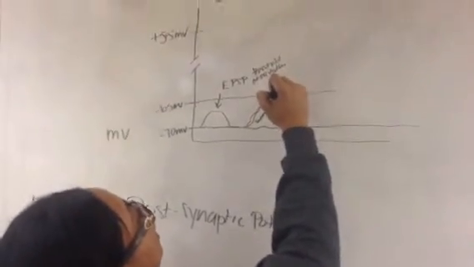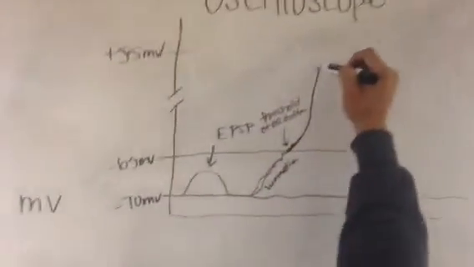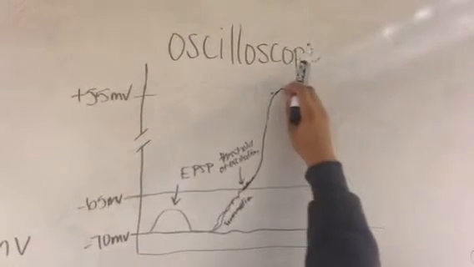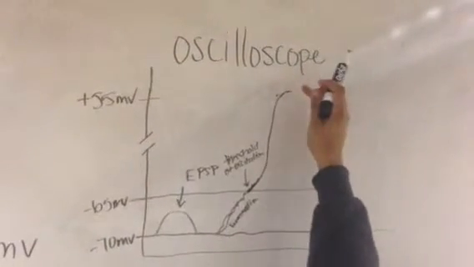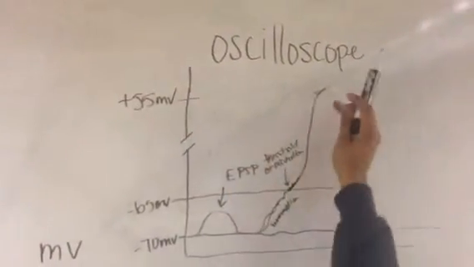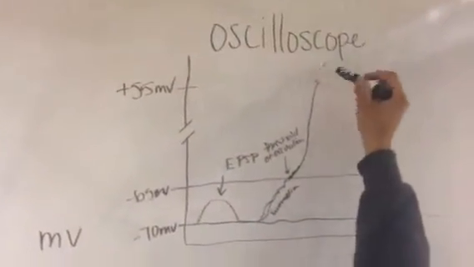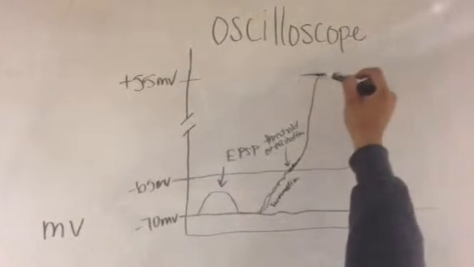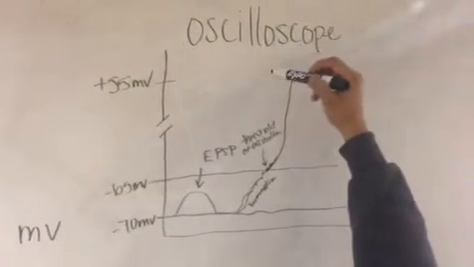So now action potential is taking place, and it's going to shoot up right here up to positive 55 millivolts. So the flow of sodium causes this action potential to happen.